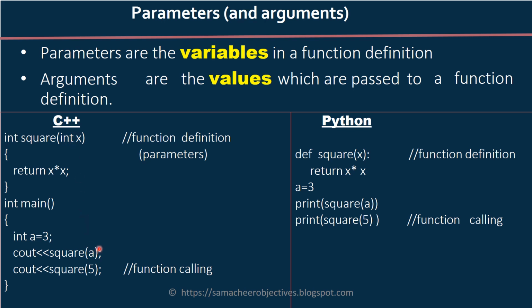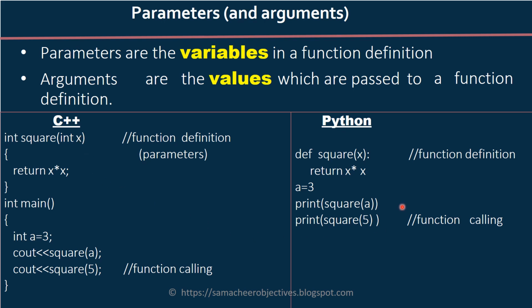So argument will be only in the form of value. Square of a, the value of a is 3, so only 3 will be passed to x. So arguments are only the values which are passed to the function definition.